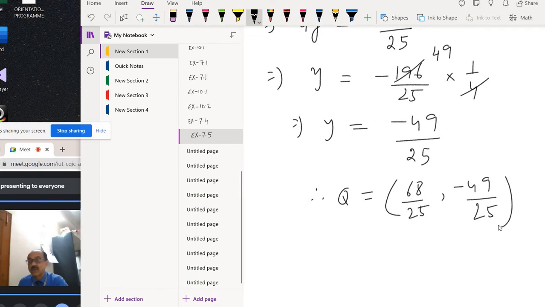So this is the coordinate of the foot of perpendicular. Is it clear?